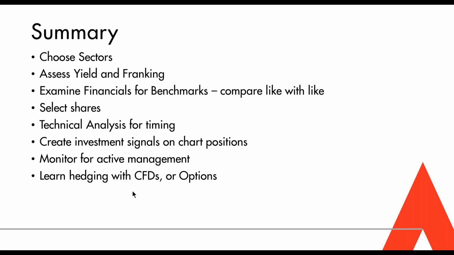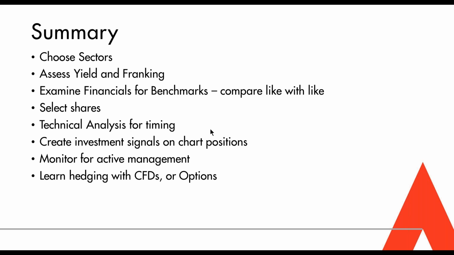You come down to your selections, and the next step that you would choose in your portfolio selection is looking at the charts to time your position into that share at a timely period where you've got maybe a pullback and then the market moving back into the upward direction.